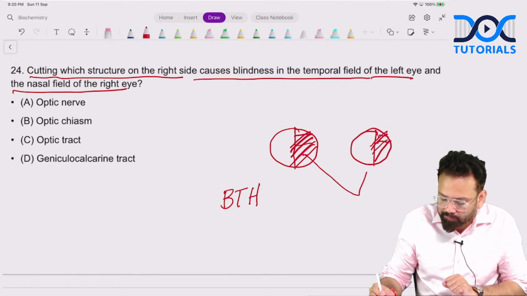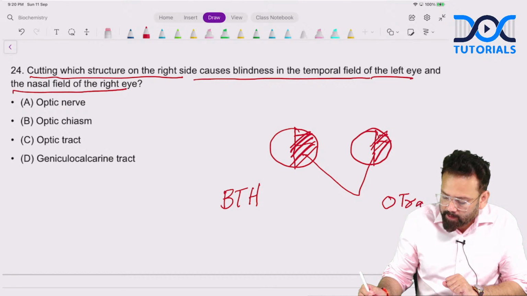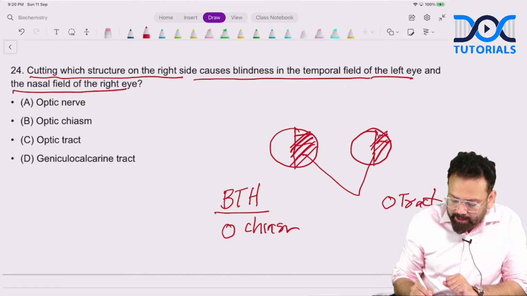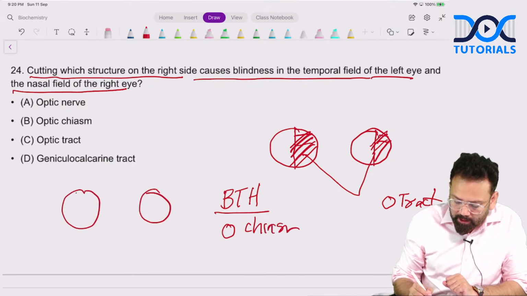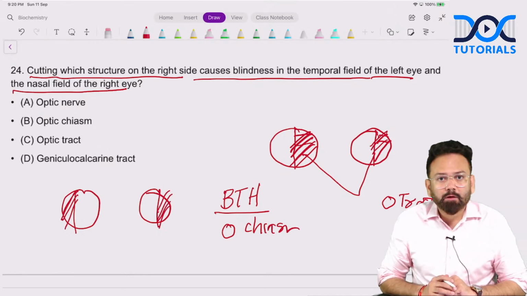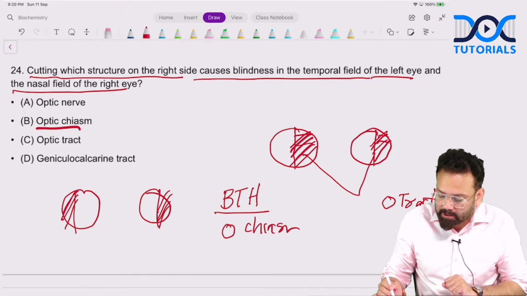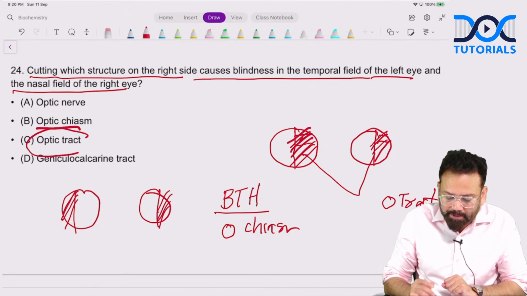Homonymous hemianopia is because of a lesion to the optic tract, and bitemporal is because of a lesion to the optic chiasma. In bitemporal hemianopia, only the temporal side is damaged. So if they are asking about bitemporal, the answer will be optic chiasma. But they are asking about this, so the option is optic tract.